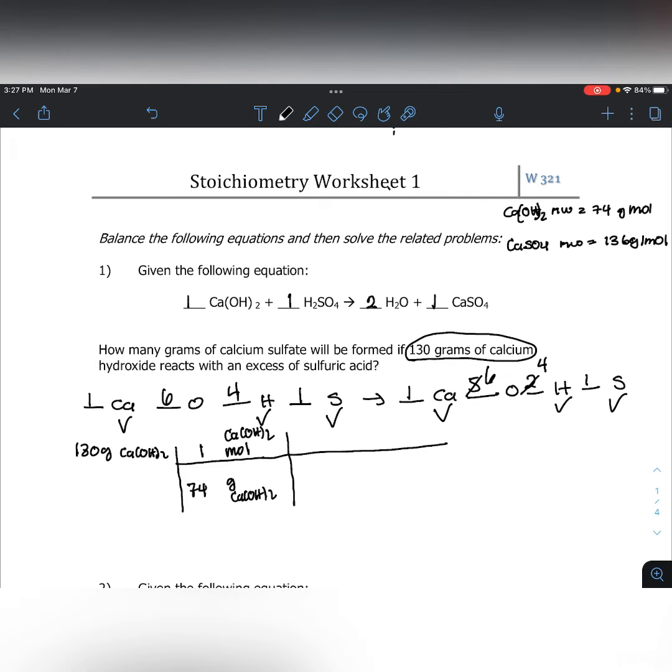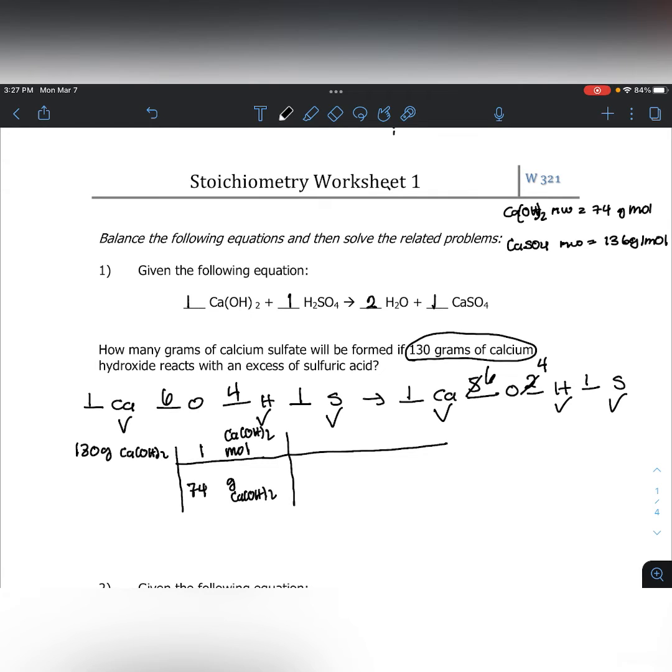Now what we want to do is go from calcium hydroxide to calcium sulfate. What we need is the mole-to-mole ratio, and we get that from this equation. That's why we needed to balance this equation.